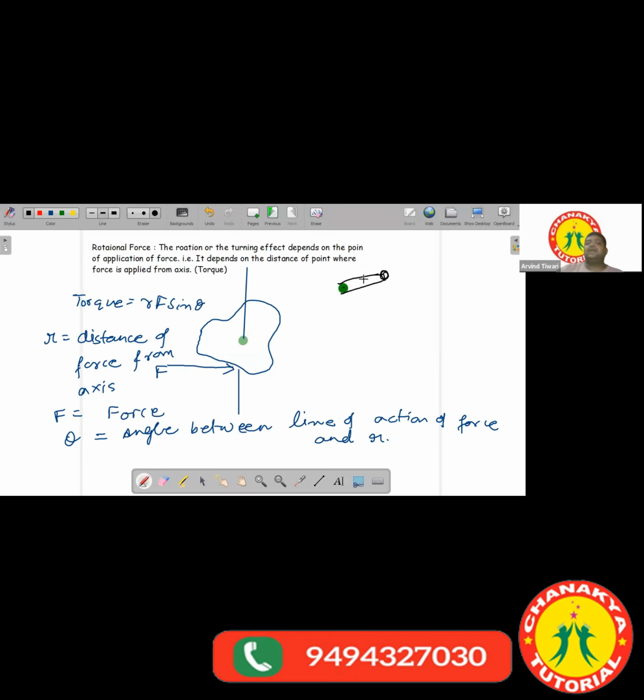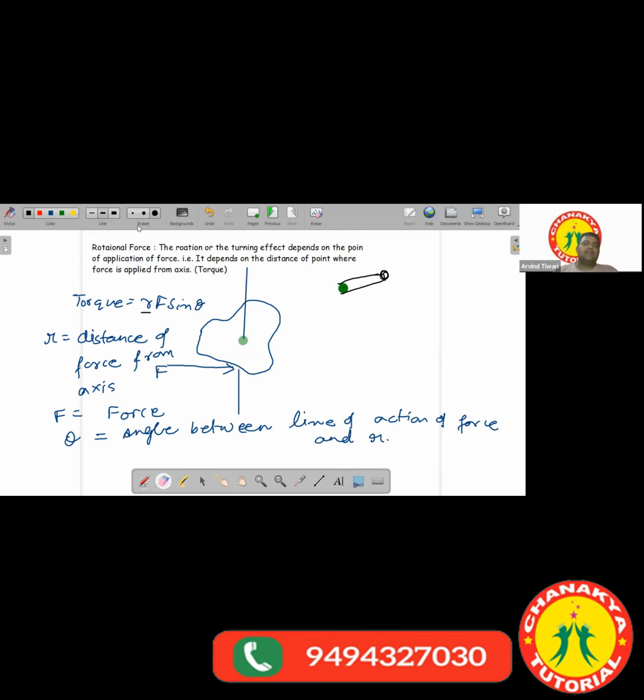This will create a greater amount of torque to rotate it. So that is what we are discussing here: the amount of rotational force or torque required for an object to rotate depends on r, the distance of the point of application of force from the axis of rotation.